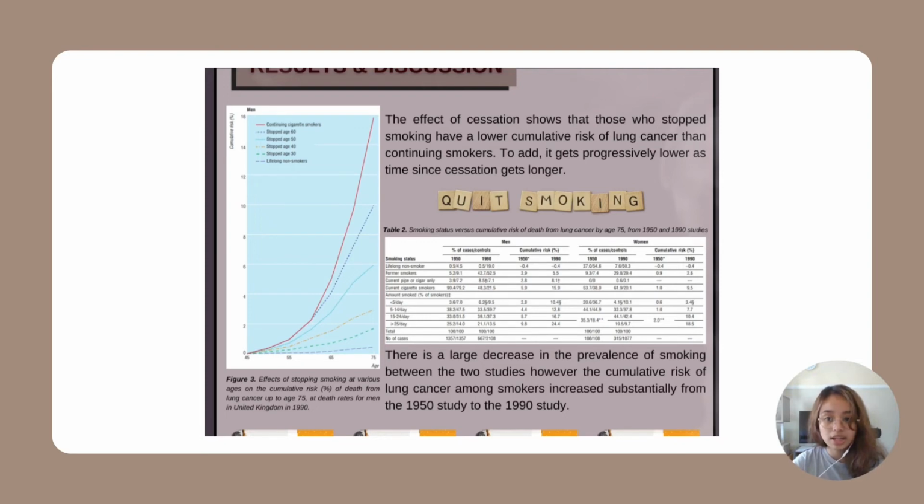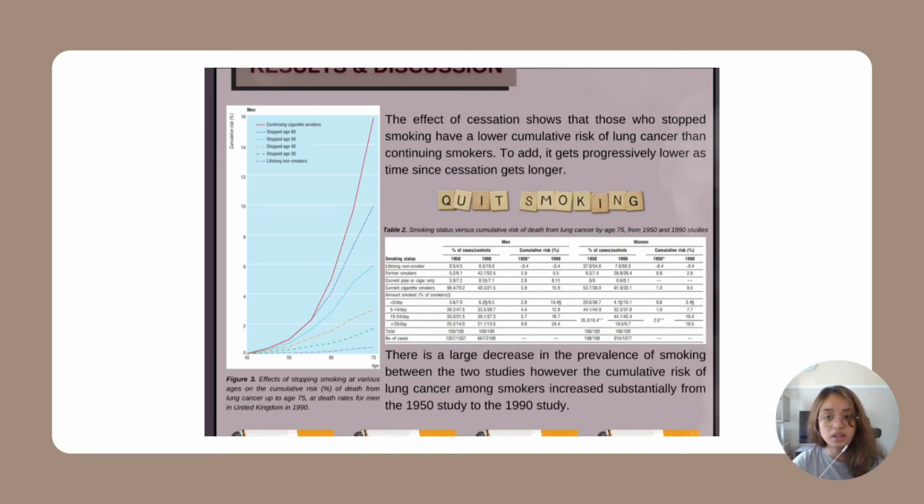For the changes in lung cancer among continuing smokers, it is said that the cumulative risk of lung cancer among smokers increased substantially. The increase occurred not only among women, wherein the cumulative risk for cigarette smokers was 1% in 1950 and 9.5% in 1990, but also among men, wherein it increased from 5.9% at 1950 cigarette smoker lung cancer rates to 15.9% at 1990 rates.